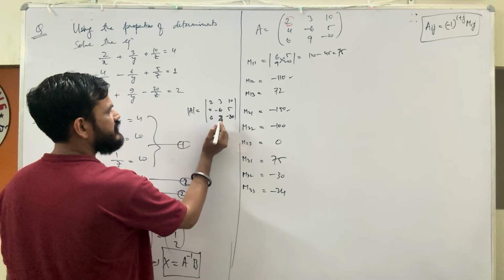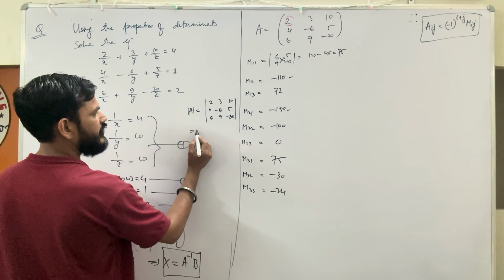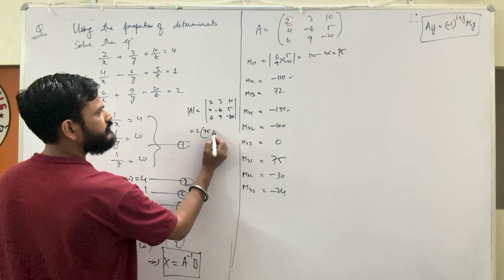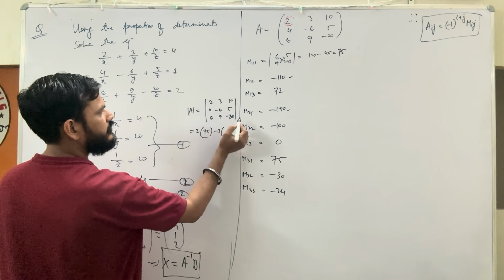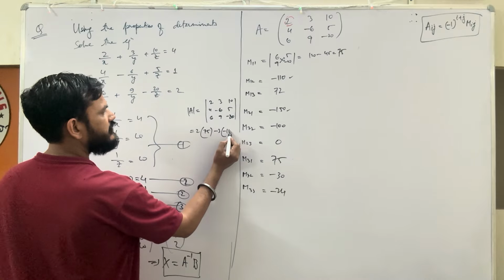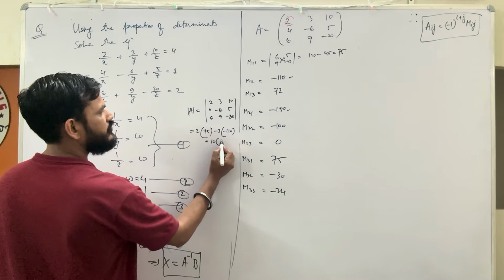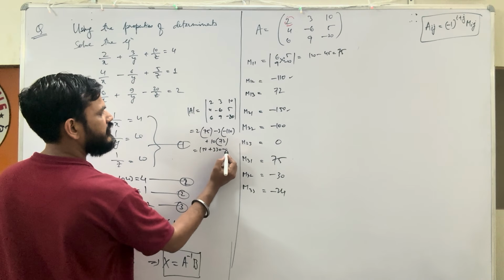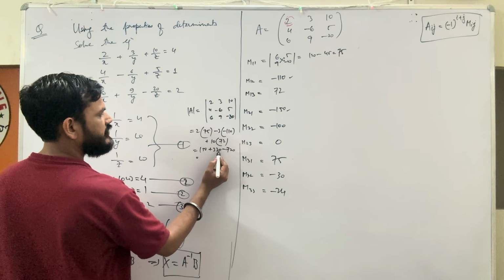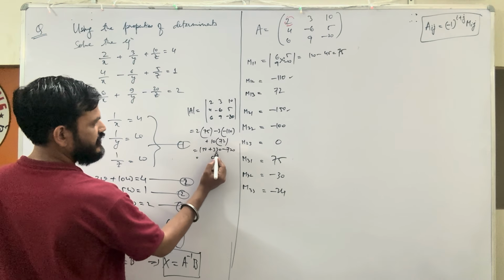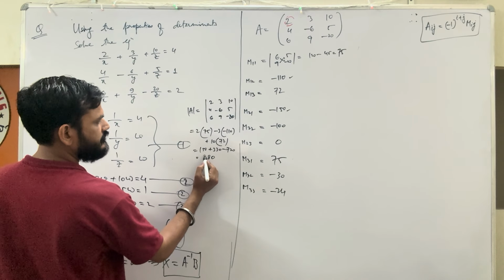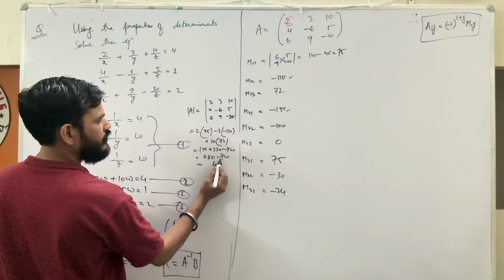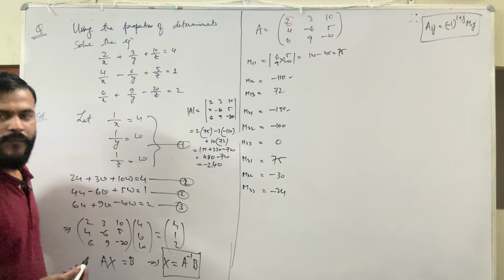Now, if you find the determinant, it will be 2 into 75, minus 3 into minus 110, and then 10 into 72. So if you add these up, it becomes 330 minus 720. So it becomes 0, 8 minus 720. So it will be 0, 4, 240 minus 240.